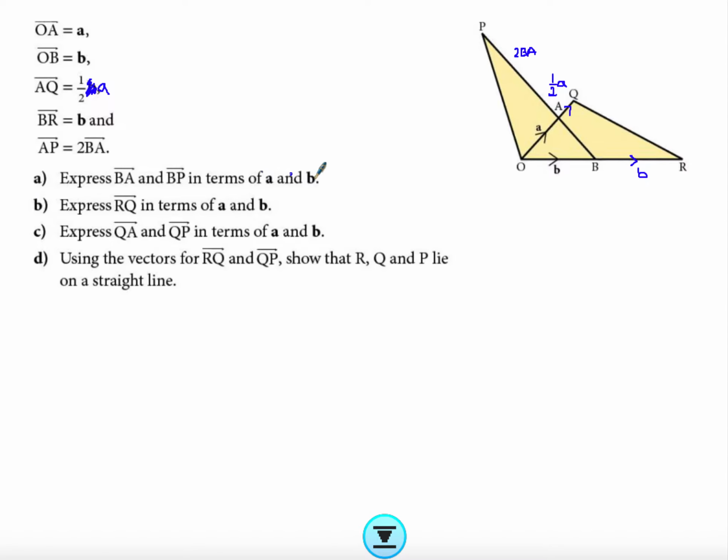So part A is a nice example to show you how you can describe different line segments using vectors. If I'm going to start with A, and I want to express BA in terms of A and B, it means I want to move from B to A using only the vectors A and B. So if I want to move from B to A, it's ideal to move in this direction, just upwards.